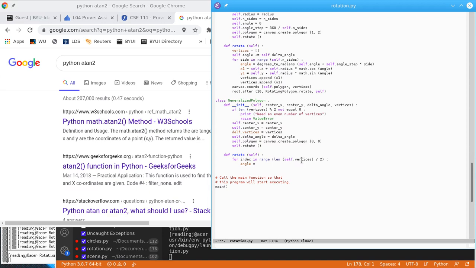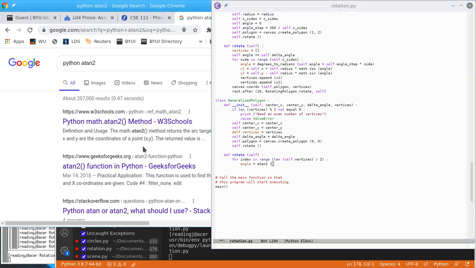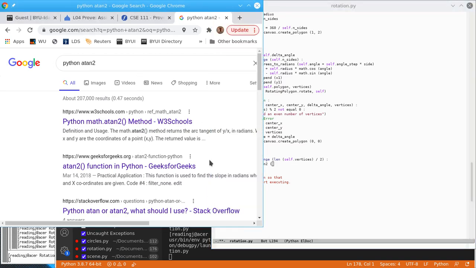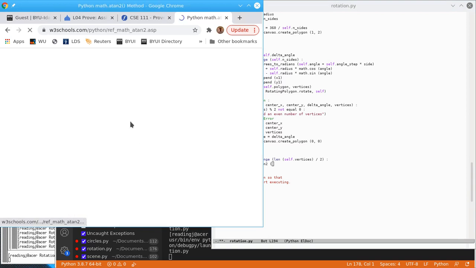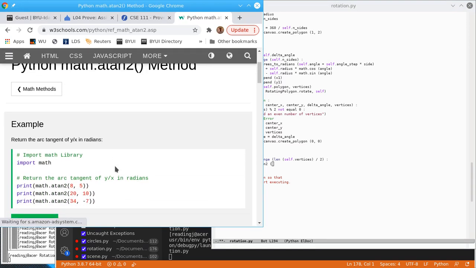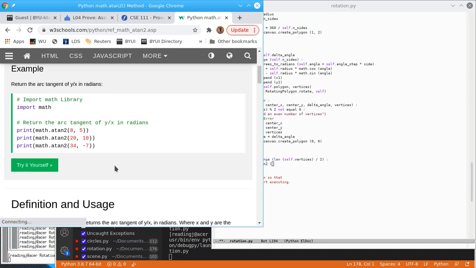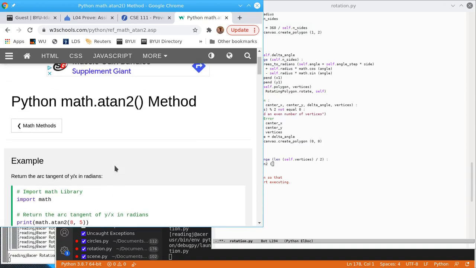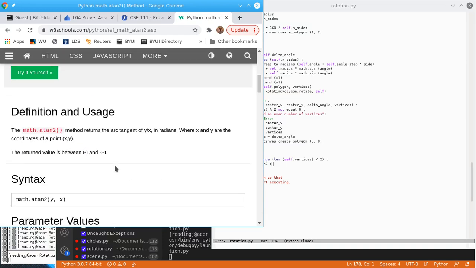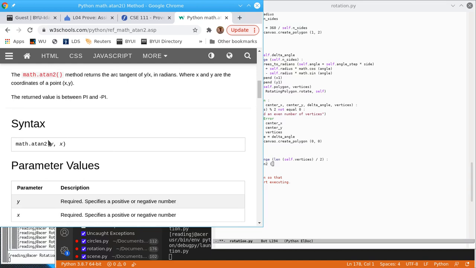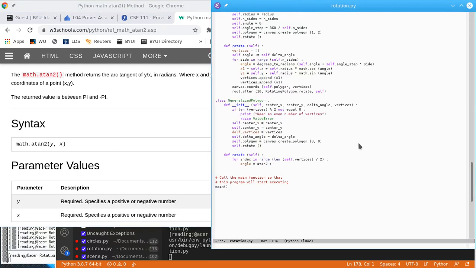Okay, so the angle is atan2, remember we looked that up, and it's probably, what's xy? Oh, okay, what order are the parameters? It should be yx. That's really nice. They don't tell you. Oh, there we go. Yx. Yes, that's how it should be, even though that's backwards from normal.